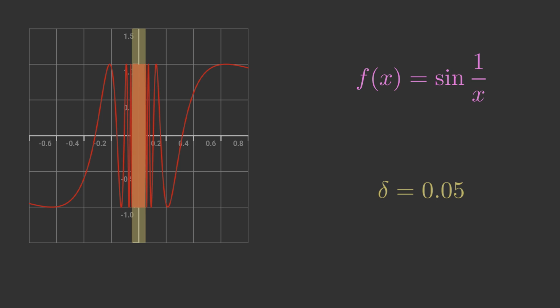But we know that f of x will vary between +1 and -1 no matter how small we make delta, and for a very small value of delta, x will be close to 0. So no matter how close we get to 0, there will always be nearby points that have completely different values. So we can't say that all those points will be close to some limit value L. So sine of 1 over x does not have a limit as x approaches 0.